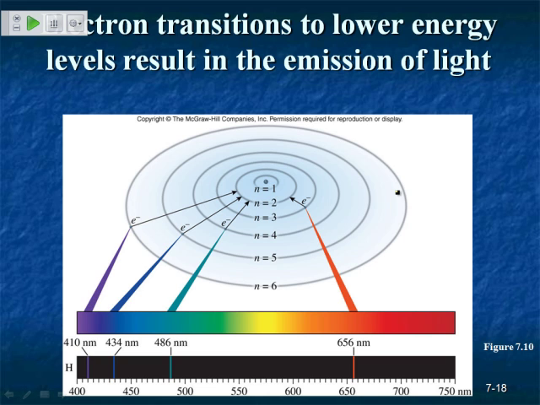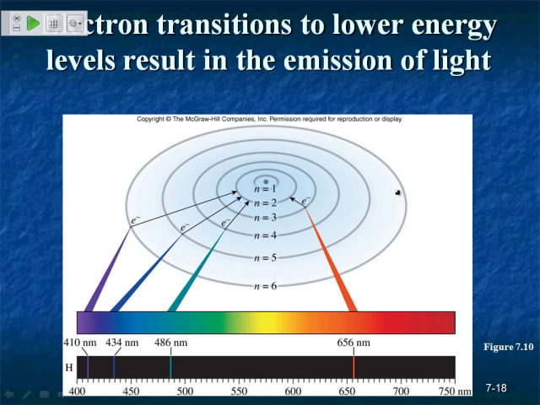And if you actually quantify that energy, it corresponds to a wavelength of 410 nanometers. So you will see a line at 410 nanometers, which is in the violet region. So you see a line right there.